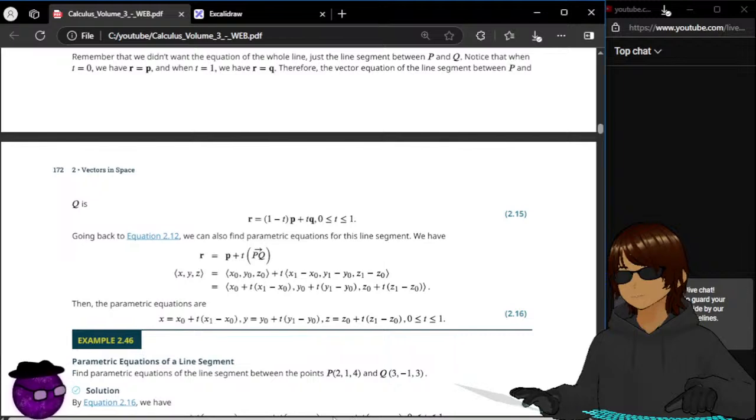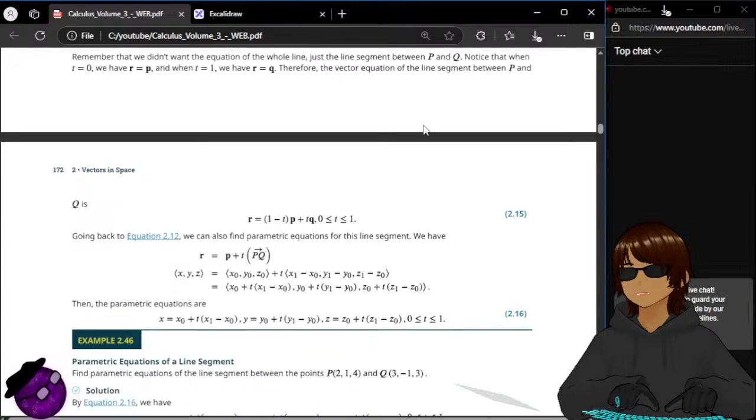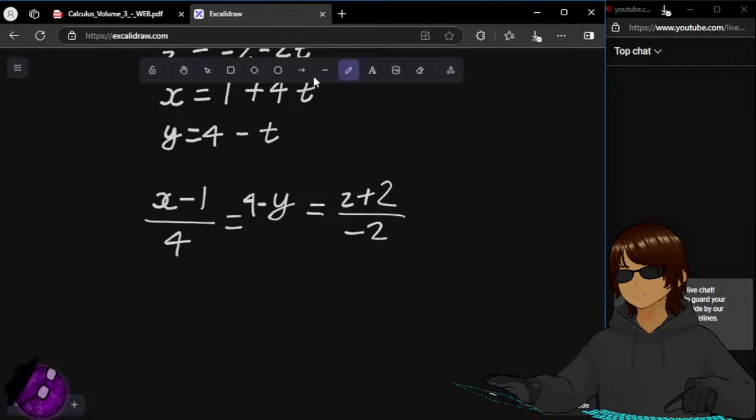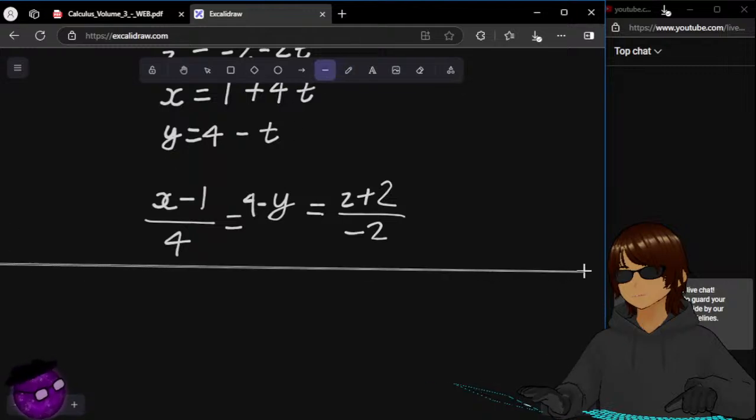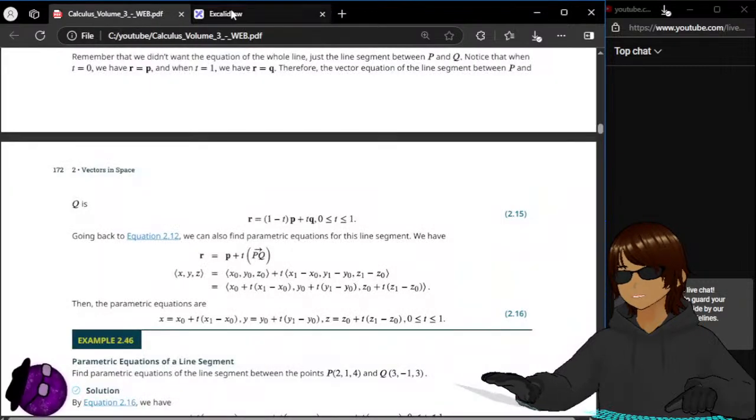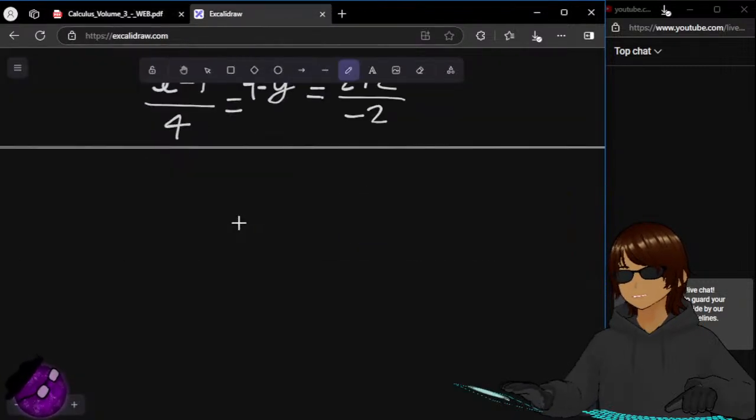Hold on. Find the parametric equation of the line segment between points P and Q. So this is example 2.46.